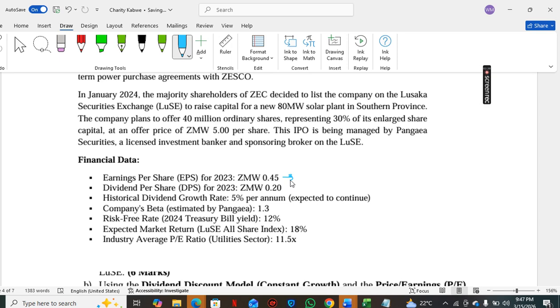The assumption is that the net profit you see on the financial statement, if it's distributed amongst all shareholders, is the earnings per share. So for ZEC, the earnings per share is 45 ngwe.